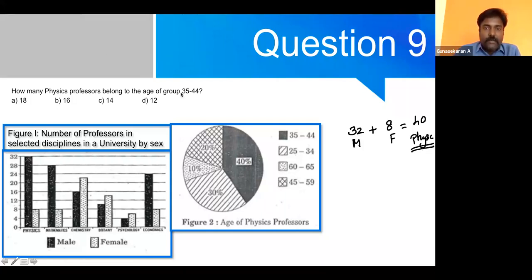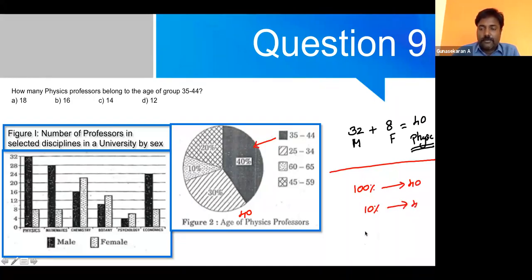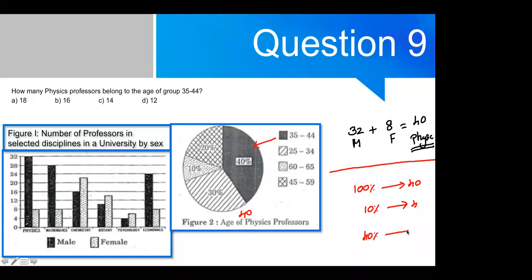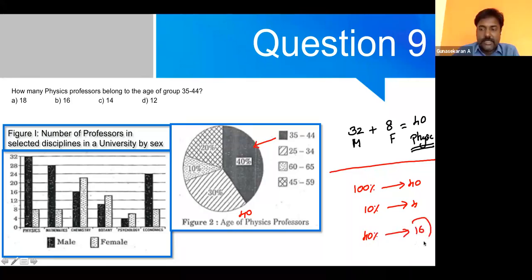Okay, the total is 40 now. 35 to 44 age group, how many percent? So 10% is 4. 40% is 6. Clear?